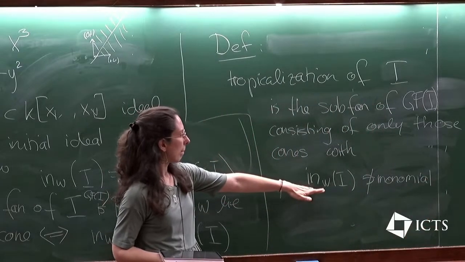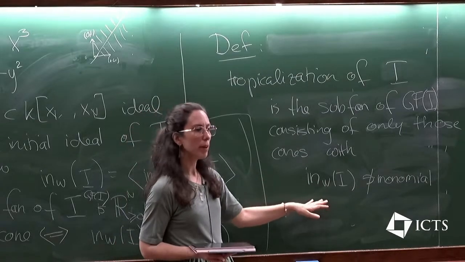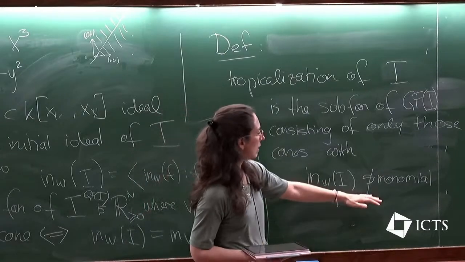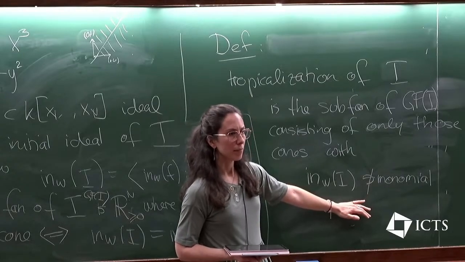So this is a bit more than what we were hoping for to get binomial initial ideals. But binomial initial ideals will be the maximal cones that we can get.